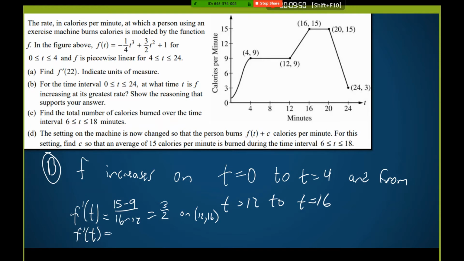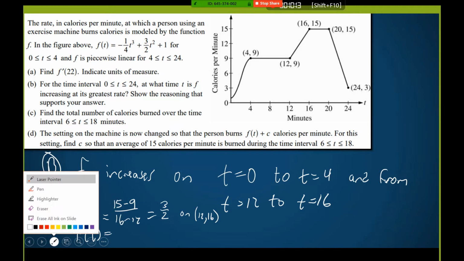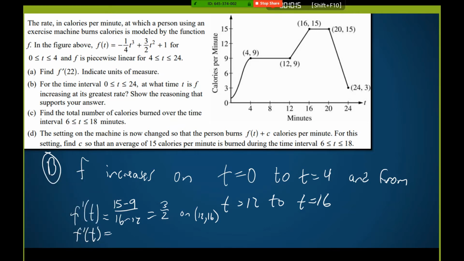Nine minus 1 over 4 minus 0. Close. So f prime is not linear, so we can't just do an average slope. Hint with my laser pointer here, but we've got a function that's true for 0 to 4. Put the t value in.